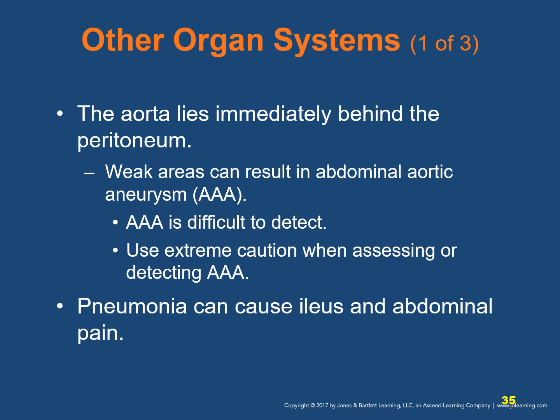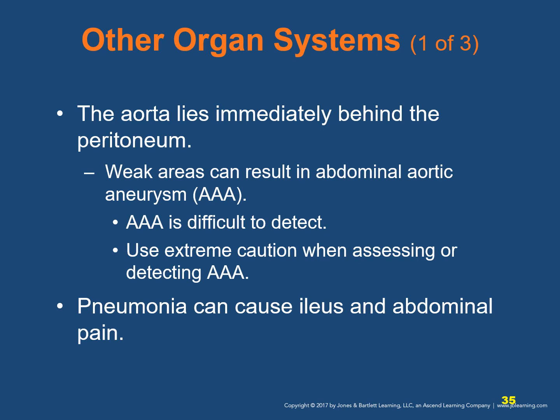In terms of other organ systems, the aorta lies immediately behind the peritoneum. Weak areas in the aorta can result in abdominal aortic aneurysm, also known as AAA. AAA is difficult to detect. Use extreme caution when trying to assess or detect a AAA.